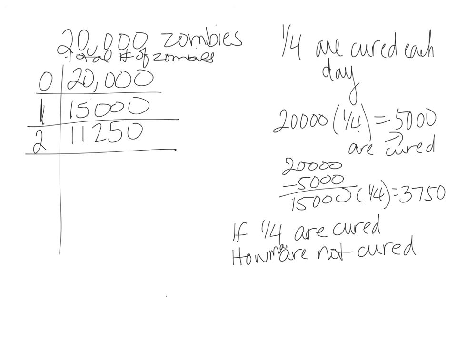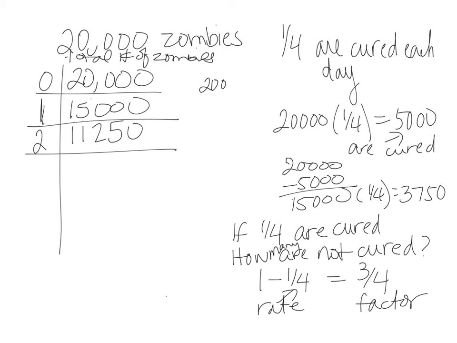Well, that's 1 minus 1/4, which is 3/4, which is your factor, because the rate is 1/4. So you can actually get the same answer if you do 20,000 times 3/4, you get 15,000. And if you times that by 3/4, you get 11,250. And then we can continue that.